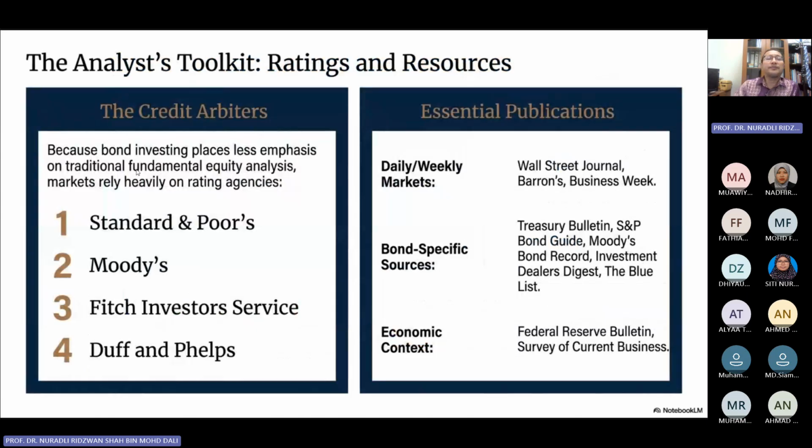Now this is the credit rating agency: Standard and Poor's, Moody's, Fitch Investor Service, Duff and Phelps. So this is the thing that I've mentioned before. They provide the rating AAA. But actually, the rating should not be AAA.